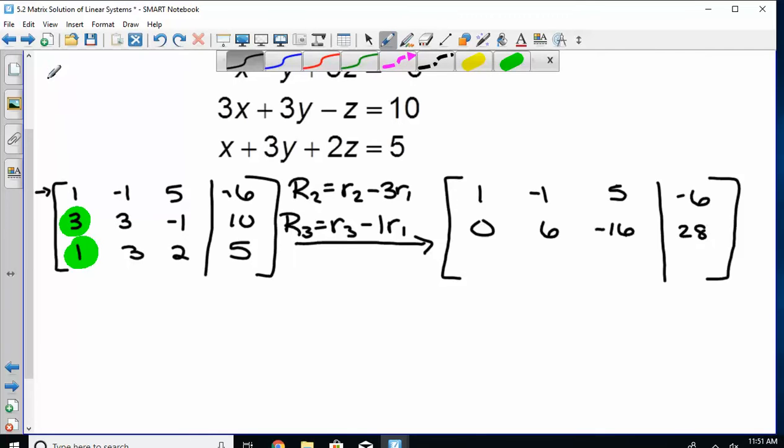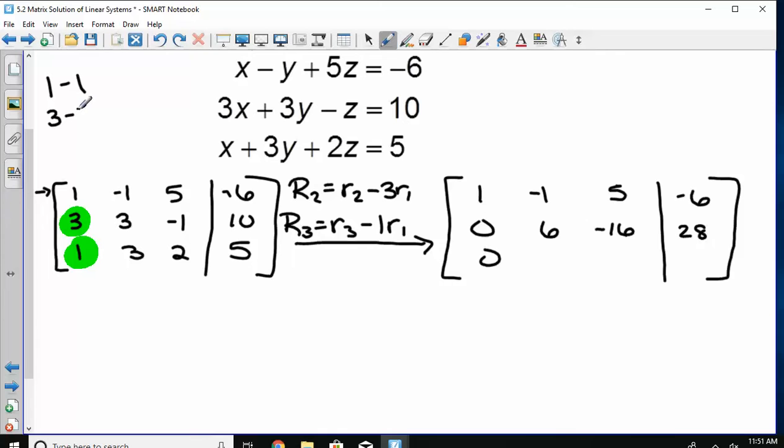So we have 1 minus 1 is 0. 3 minus negative 1. Row 3 minus row 1. So 2 minus 5, negative 3. 5 minus negative 6 is 11.